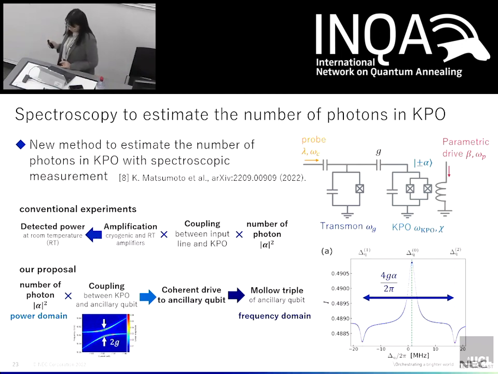So by measuring the reflection coefficient of the ancillary qubit, as shown in the previous slide, we can measure the spectral Mollow triplet, and the distance of these two peaks is determined by 4g alpha. So we can estimate the coupling from the spectroscopic measurement, and we can determine the number of photons in the KPO only with spectroscopic measurement.